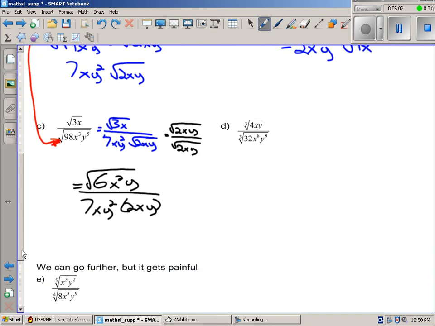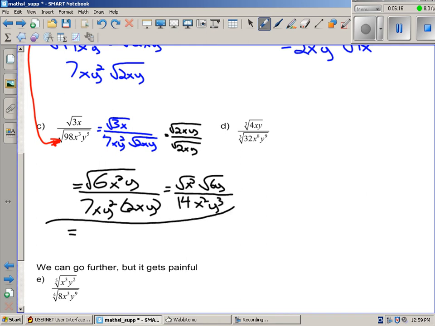Okay, let's see if we can simplify the top here. So that's equal to the square root of x squared times root 6y. The bottom would have been 14x squared y cubed. Let's take it down here. That means we've got x root 6y all over 14x squared y cubed, and divide out your x's.